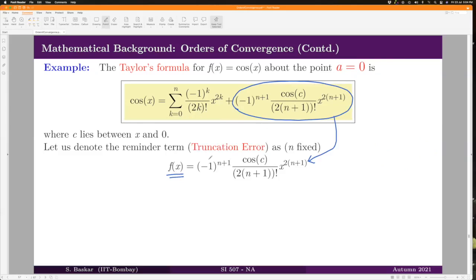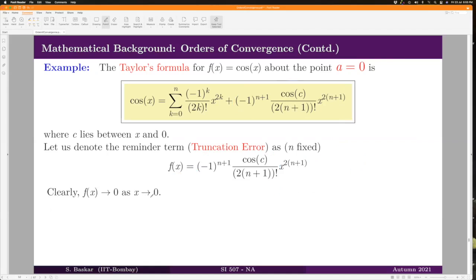That is the truncation error. You can see that this entire thing is a fixed number. Of course, we don't know it because c is unknown, but otherwise this is a fixed number, and you have x to the power of 2 into n plus 1 here. So it looks like a constant times x to the power of 2n plus 1, where this constant is given by this expression.